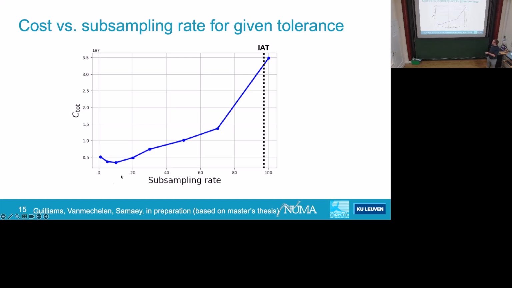But as soon as you pass that, the cost really increases. The integrated autocorrelation time is here, so that should be your theoretical subsampling rate. And you see that for a given accuracy, for a given tolerance that we put on our estimates, we could take much, much lower subsampling rates and still get away with that. But this is just an observation. The question is why?